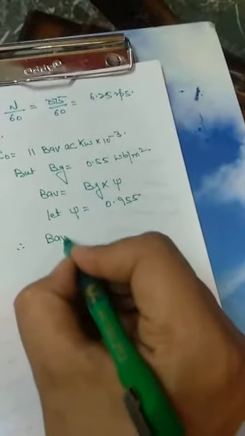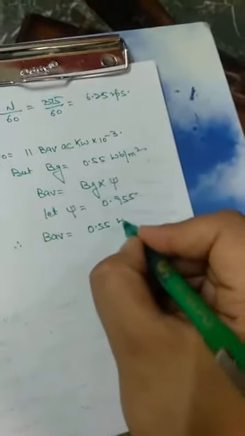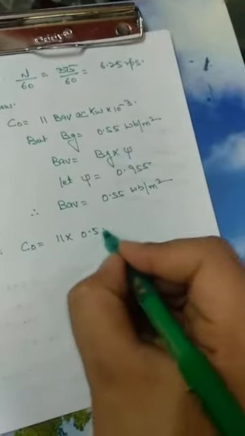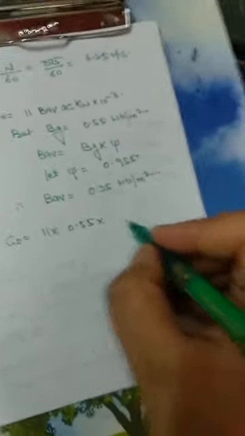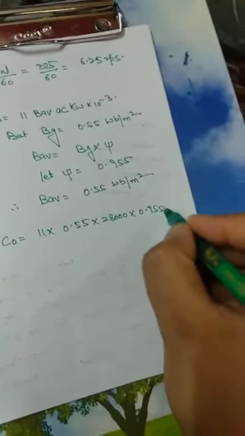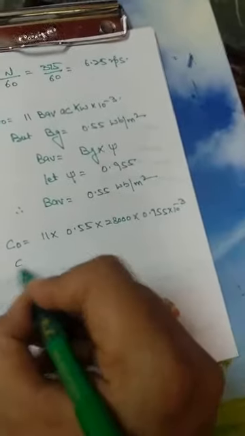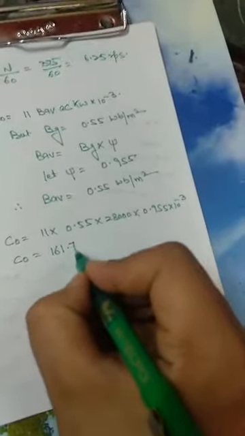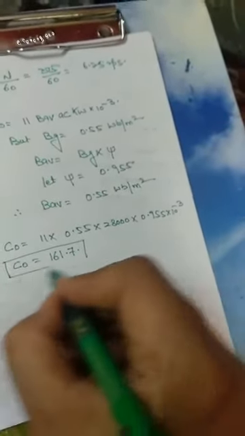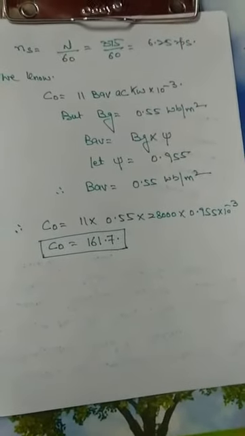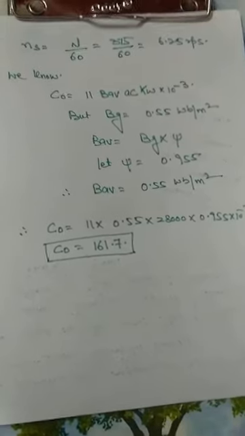Therefore Bav is nearly 0.55. Therefore C naught equals 11 into 0.55 into 28,000 into 0.955 into 10 to the power minus 3. By substituting the values of Bav, AC and kW, C naught comes to be 161.7.